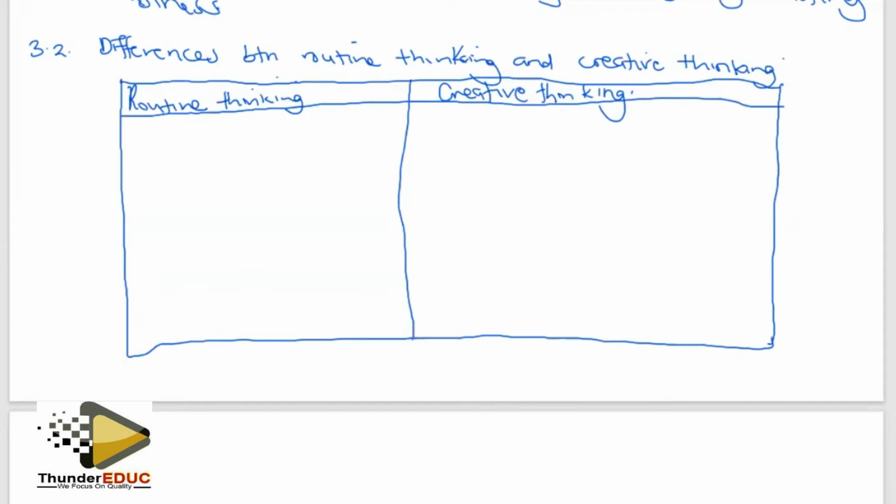What is routine thinking? Routine thinking is doing the same thing and expecting different results.